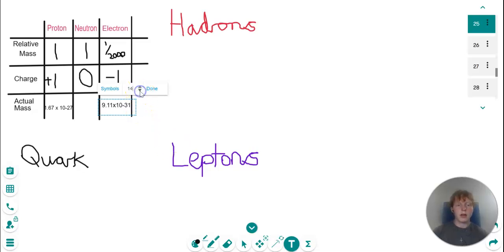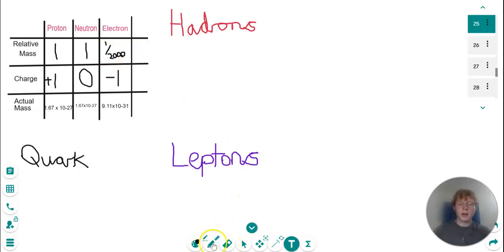Okay? It's very important that we get these values down because they'll be really important doing other calculations later in the course. Okay? So we've got these values down.